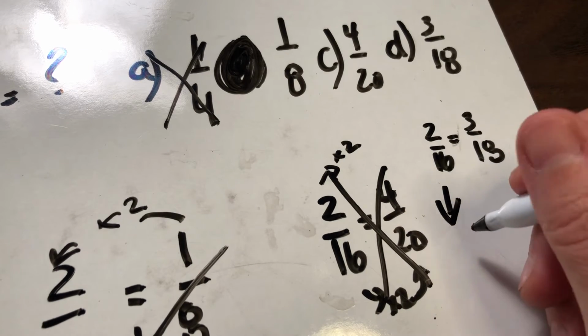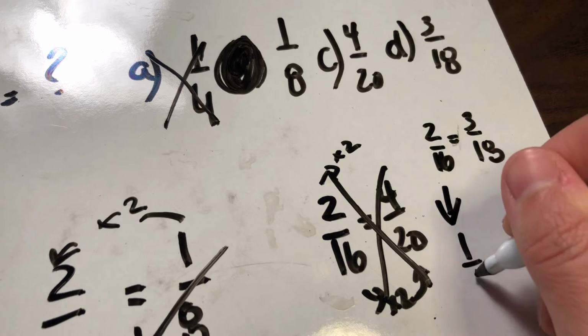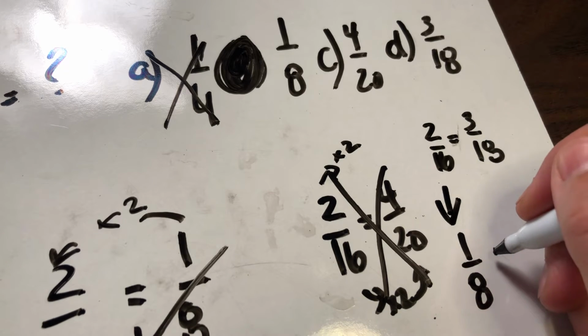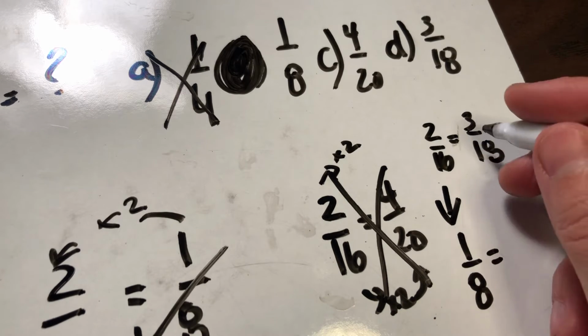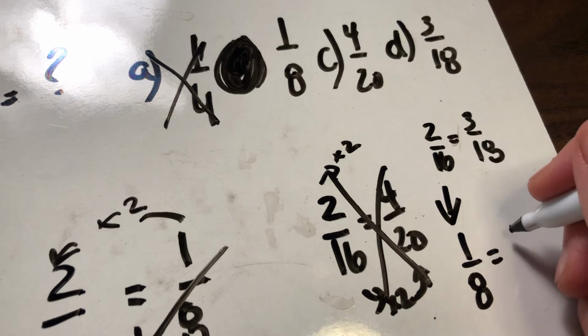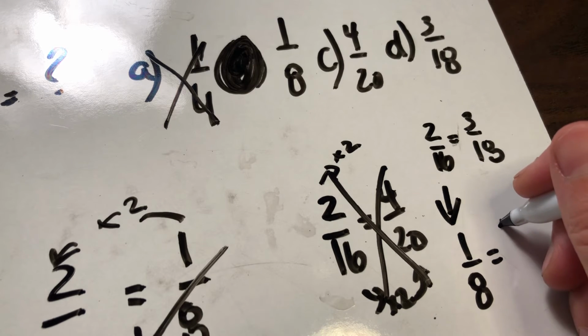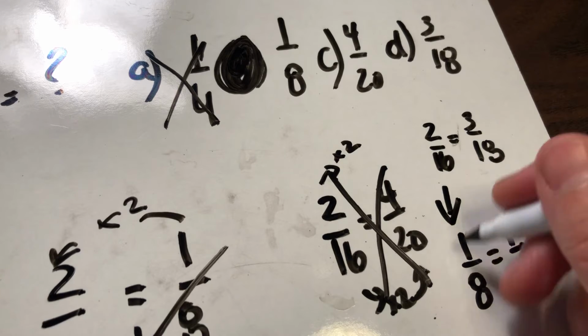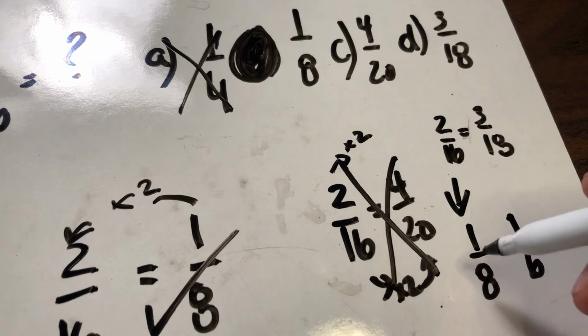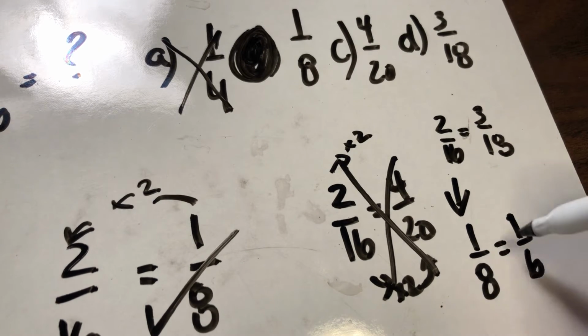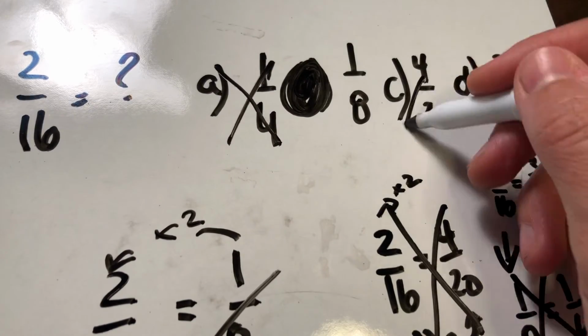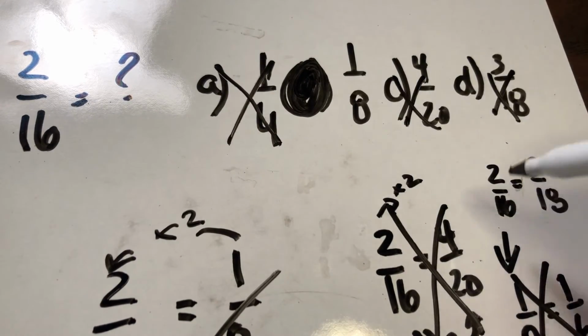So 2 over 16, I'm going to reduce that to 1 over 8. 3 over 18, I'm going to divide top and bottom by 3. So that would equal 1 over 6. And so right away we can see that these are not equivalent because 1 over 8 is not equal to 1 over 6. And therefore no. So no and no. The answer was B.